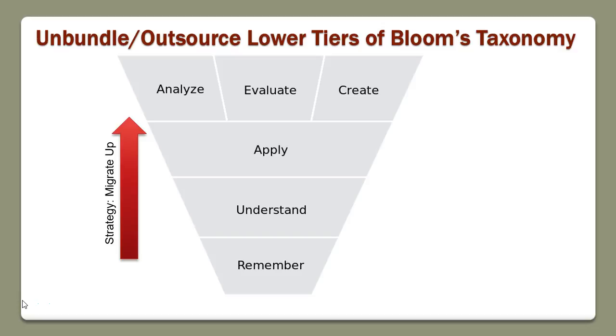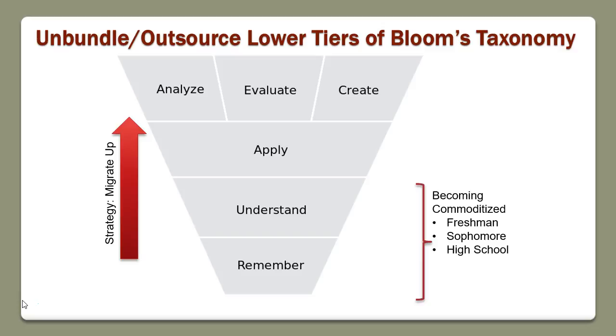Bloom's taxonomy talks about the higher levels of learning: analyzing, evaluating, creating. You move into more junior year and senior year content. You might outsource freshman and sophomore content, and that's what a lot of schools are doing when they partner with Straighterline or partner with community colleges. And then you move more into graduate education also.